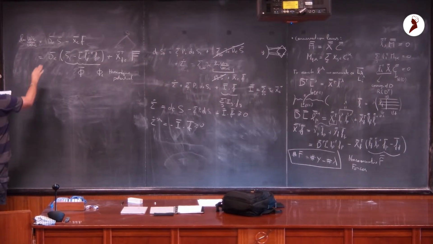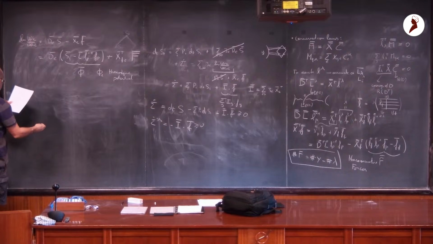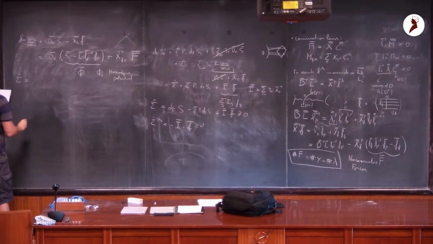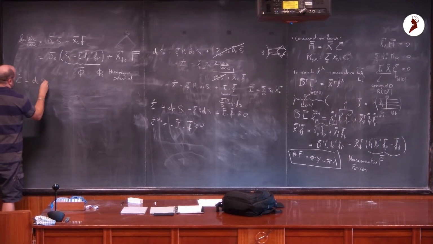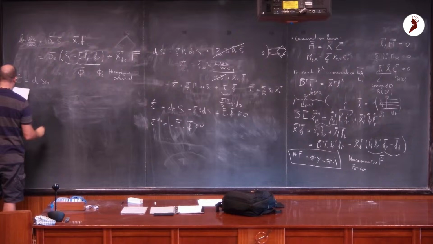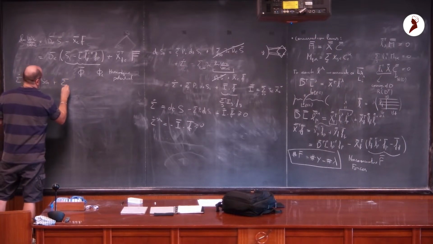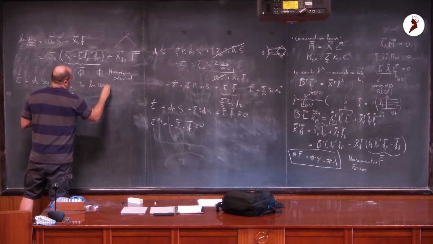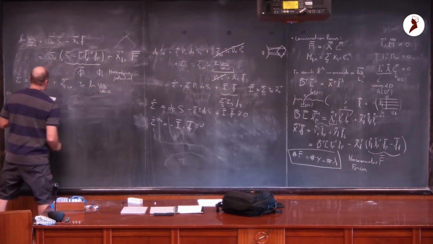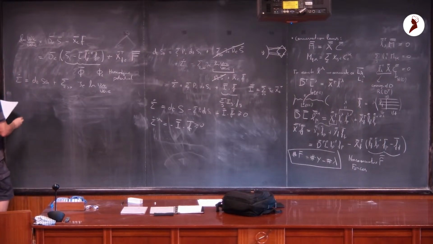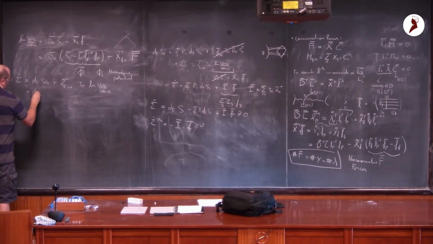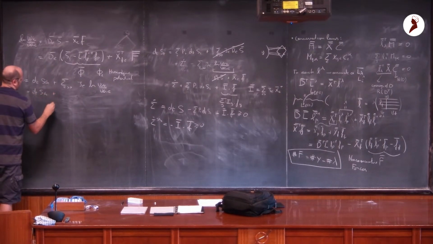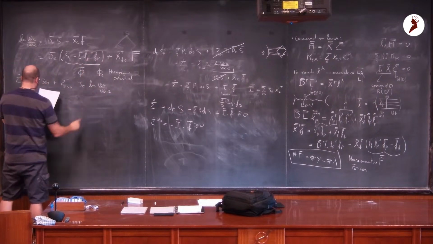And if I plug this in my entropy balance, I will use now the one with the Shannon, the first one we derived. Okay, this was what we had. I put this into here.